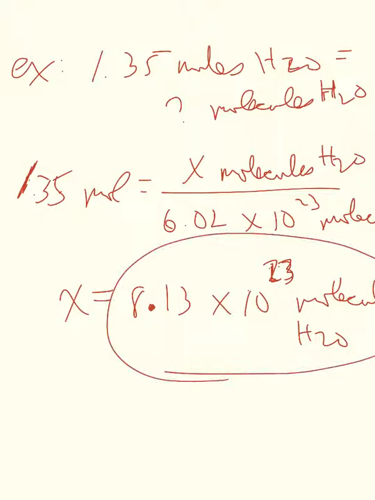That should make sense, that we're getting a number that is larger than 6.02 times 10 to the 23rd. I mean, not by much, right? 6.02 versus 8.13. But that's because we have just a little bit more than 1 mole. We started with 1.35 moles.